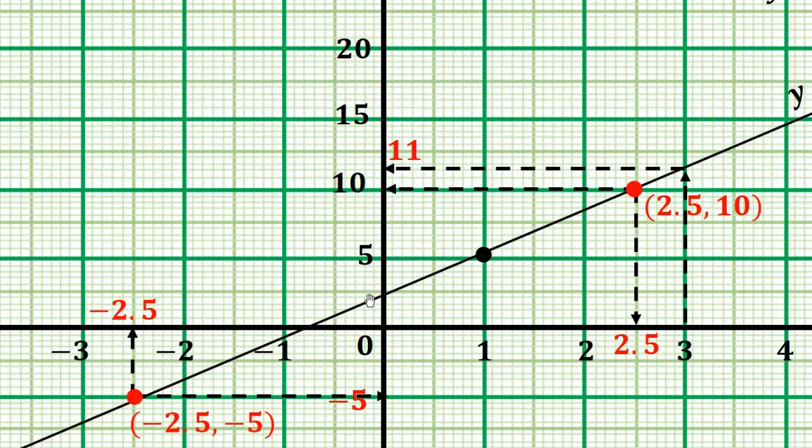So each division or each line will be 5 units divided by 10. So on the y-axis, each division or each line is 5 divided by 10, and 5 divided by 10 is 0.5. So each division or each line is 0.5.